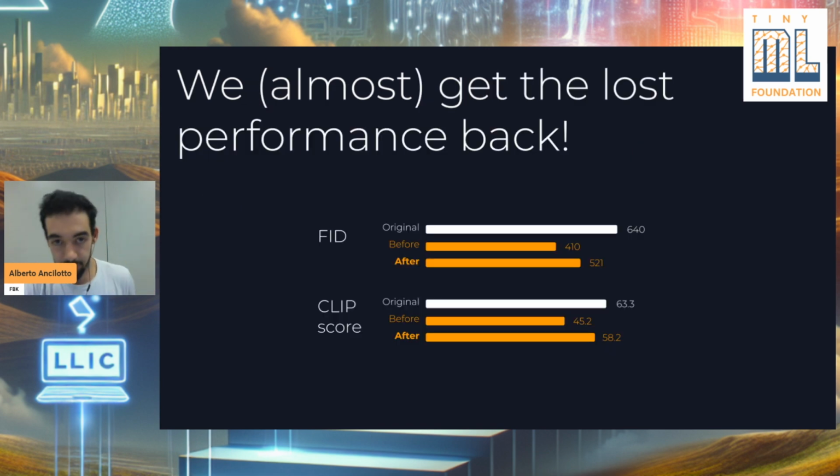By doing this, you can see that we get a lot of the lost performance back, and we are actually around 3 to 5% worse than the original approach while saving like 97% of the network, which is quite a good result already. And I can show you some results obtained by this approach.